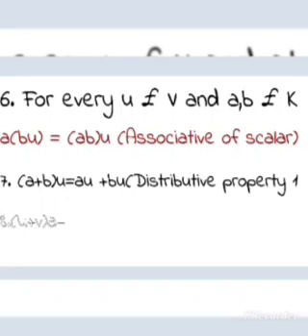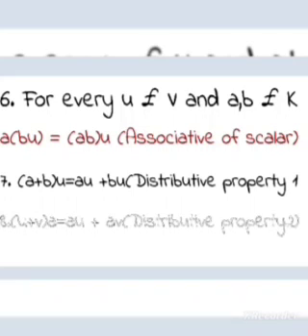Now the eighth one has two vectors, u plus v in brackets, multiplied by a single scalar a, which gives us au plus av, also distributive, but this time for vector addition.